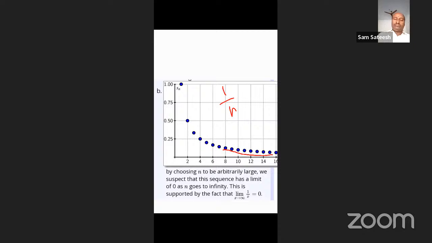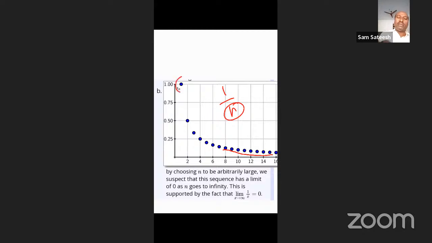Substituting 1 by n, the n values here. We get 1 by 1, which means 1.